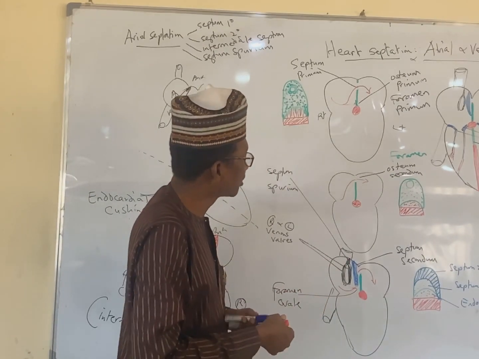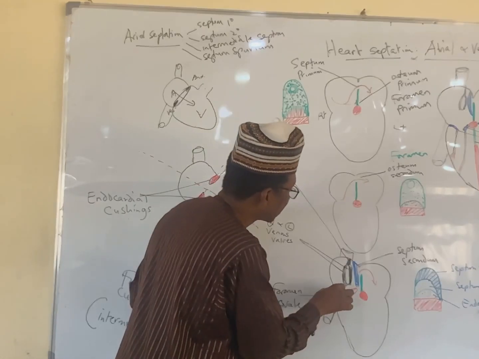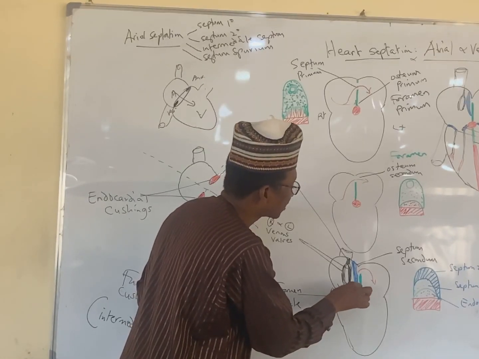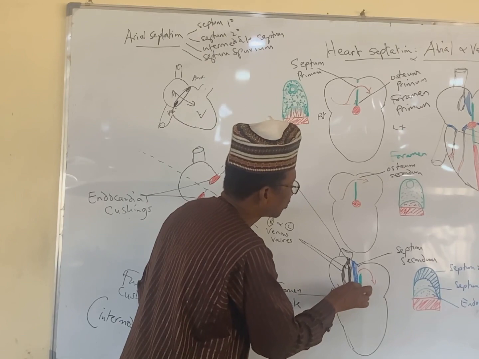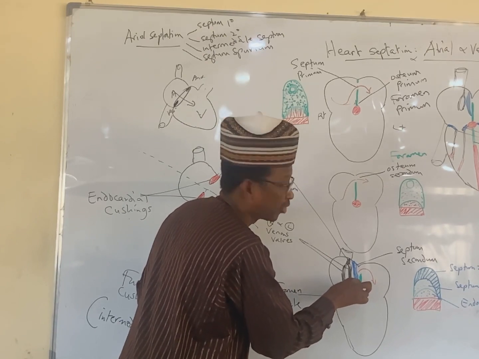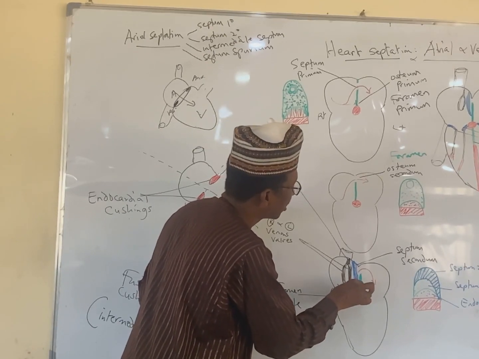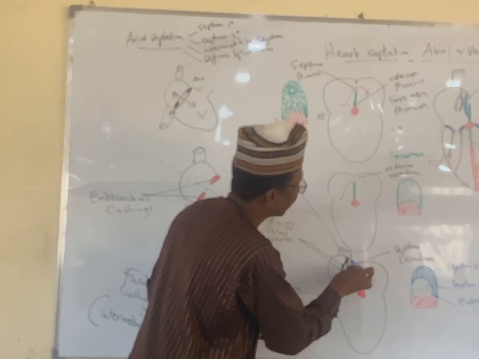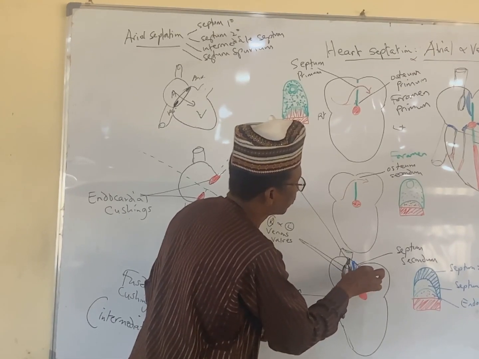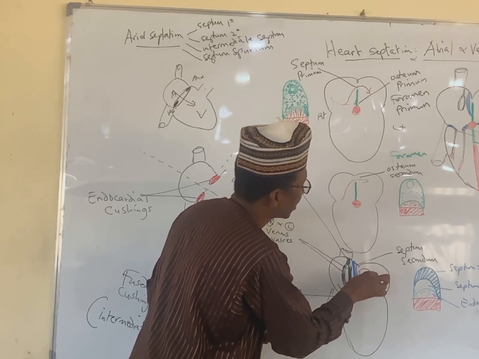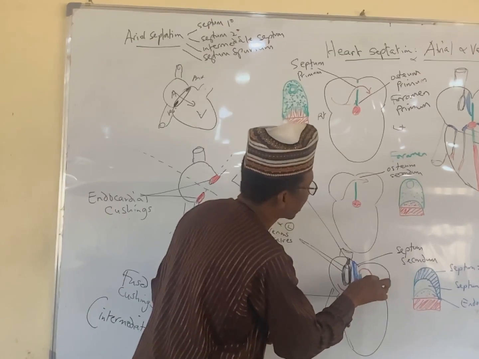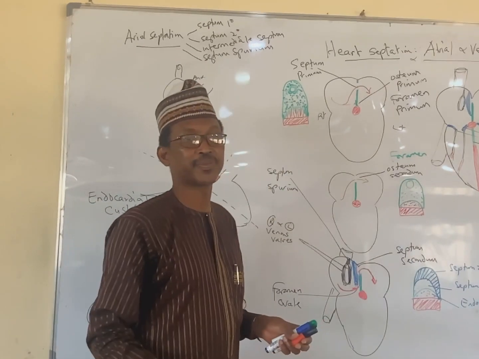Blood can still pass from the right side of the heart, below the inferior border of the septum secundum, then upward through the ostium secundum into the left atrium.